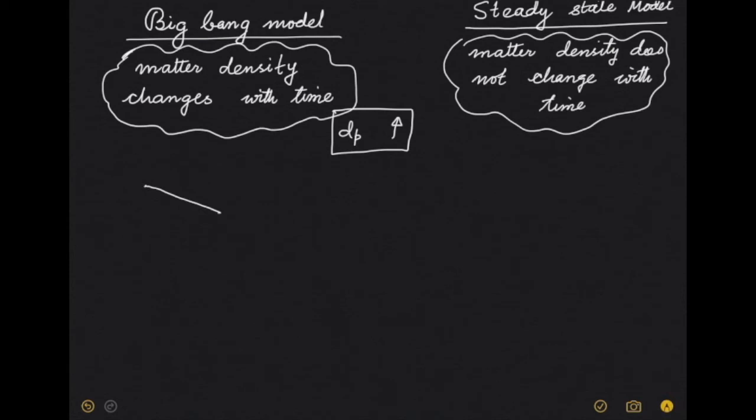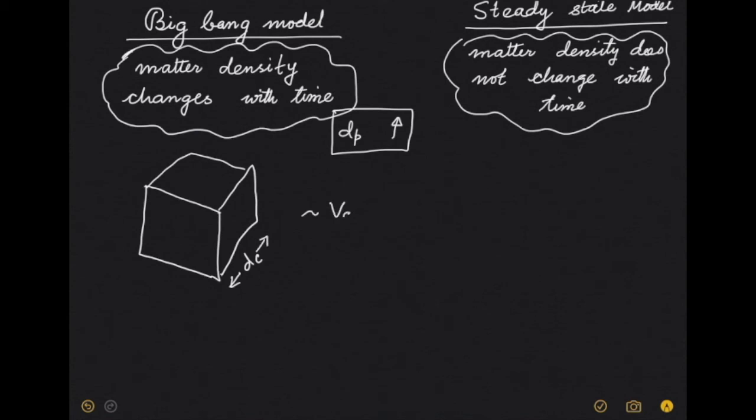So I consider a region in the universe. This is a hypothetical region, not the entire universe. The entire universe is infinite, and I cannot draw it in a finite place. This region has a co-moving scale of dc, which means it has a co-moving volume of dc cube.